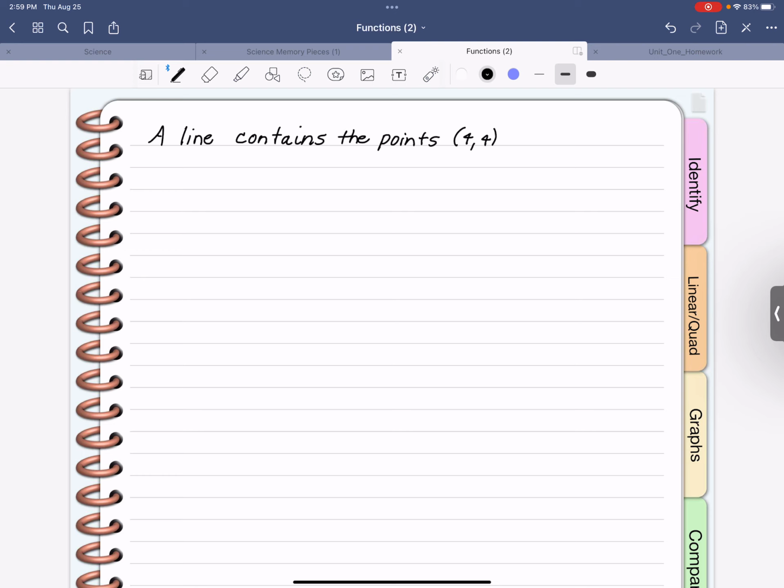I did it again. 4, negative 4. And 3, 0. Write the equation of the line in slope-intercept form.